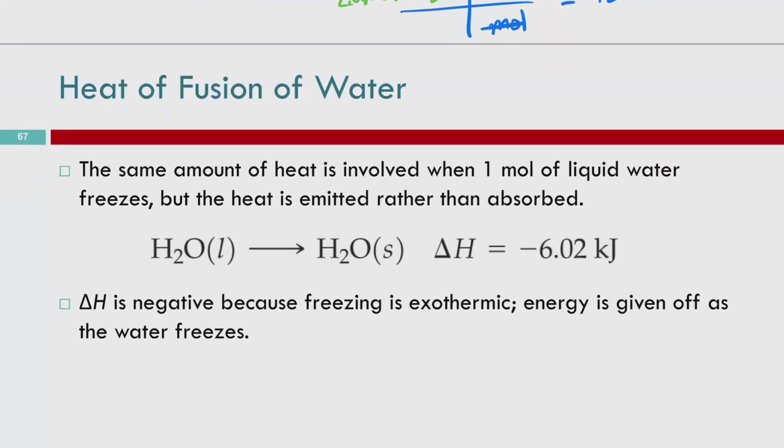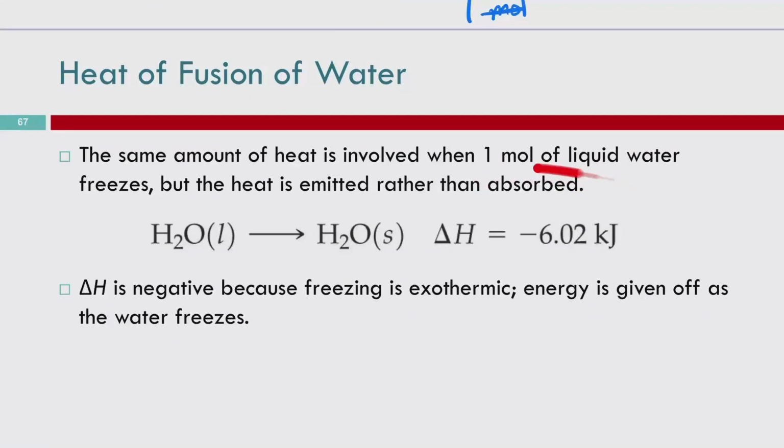The same amount of heat is involved when 1 mole of liquid water freezes, but the heat is emitted rather than absorbed. So this negative means heat is released / lost / emitted, whichever of those you like best.